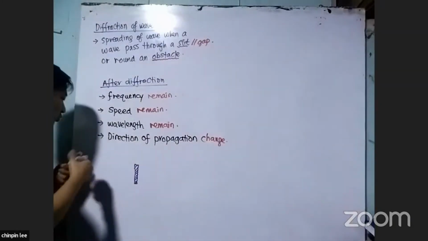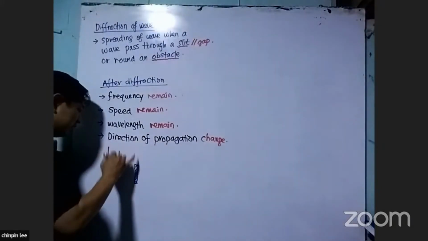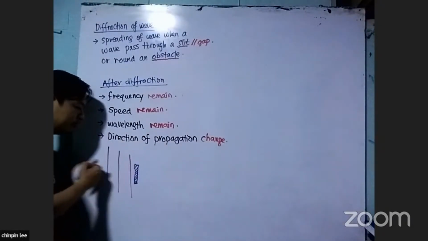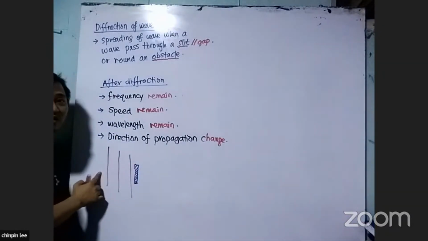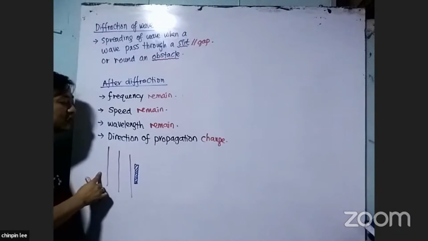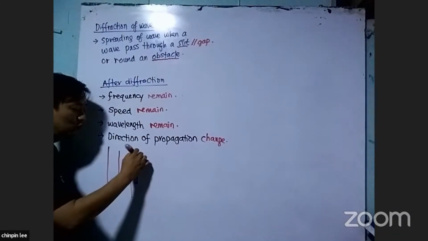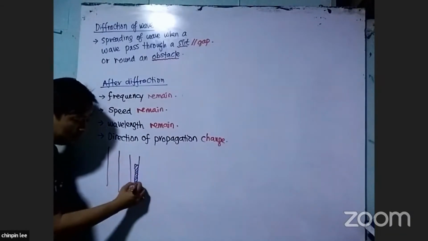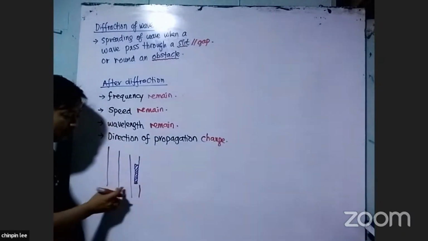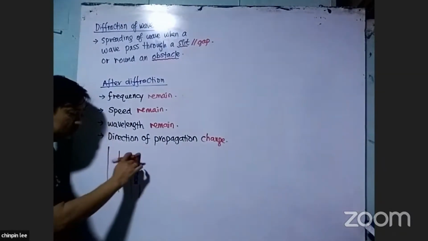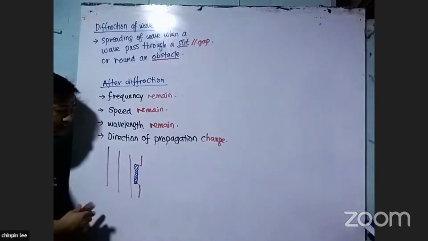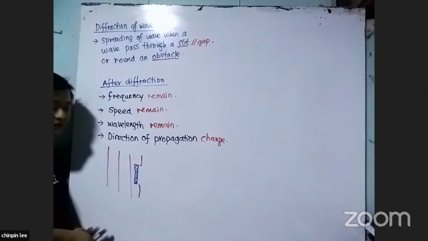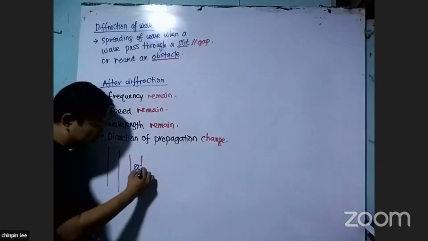The wave goes through and hits here and then reflects, but I am not interested in that. I am more interested in the shape of the wave after this part passes through here. I want to see what happened. So this is an obstacle.